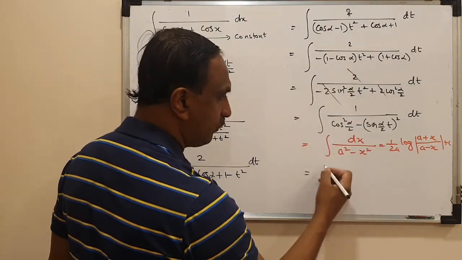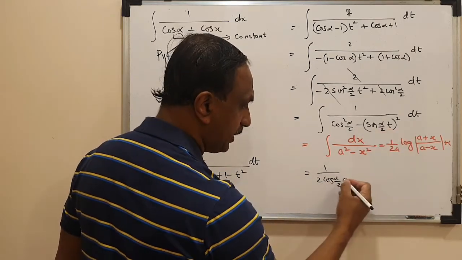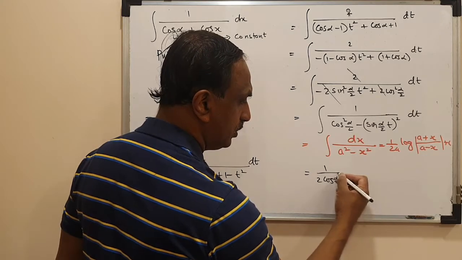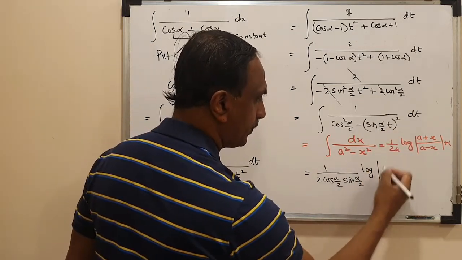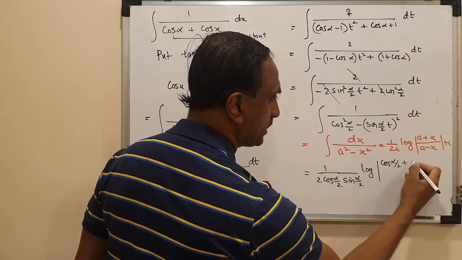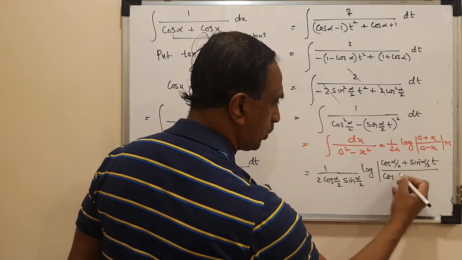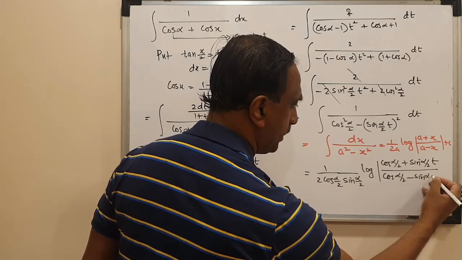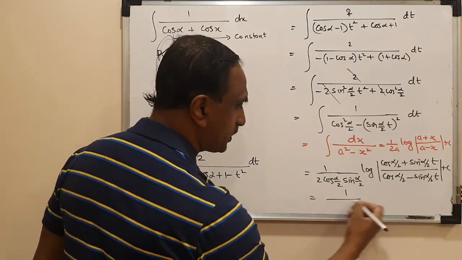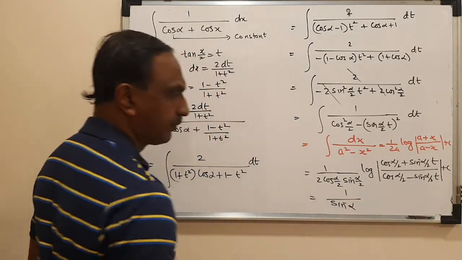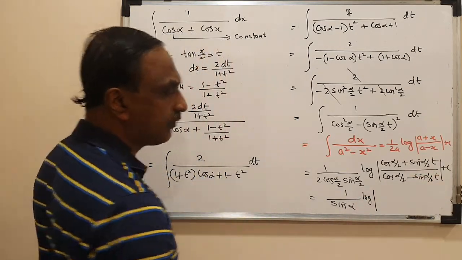So now I can write the formula as 1 by 2 cos alpha by 2. T as a coefficient, so I am writing that also now. This sine alpha by 2 came as t's coefficient. Log of cos alpha by 2 plus sine alpha by 2 into t divided by cos alpha by 2 minus sine alpha by 2 into t plus c, which I can write as 1 upon sine alpha into log of, divide numerator and denominator by sine alpha by 2.